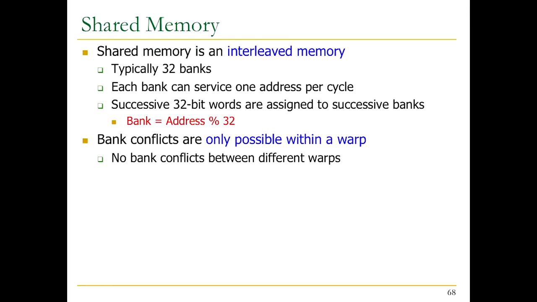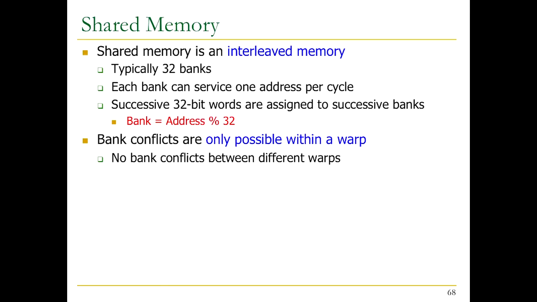The only problem with the shared memory is that, as I said before, it's an interleaved memory. So we have banks, and as we have banks, we might have bank conflicts, right? So here, how many banks do we have? We have 32 banks. The way the addresses are mapped onto the banks is defined by this expression that we have here.